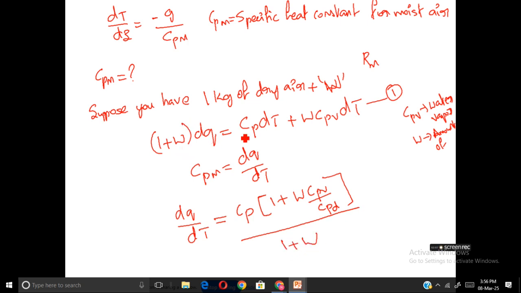So we divided the whole equation (1 plus W) dQ is equal to Cp dT plus W Cpv dT by dT so that we will get Cp.